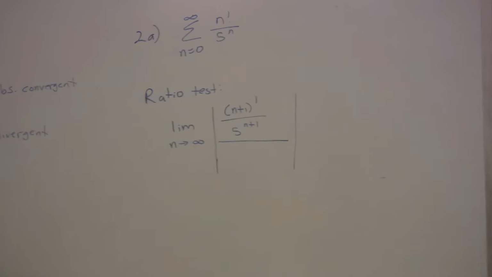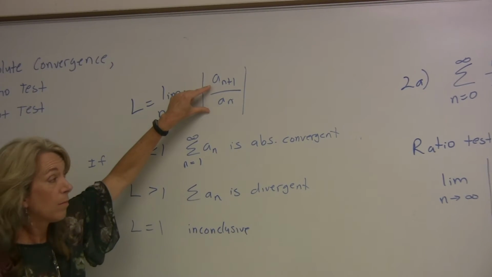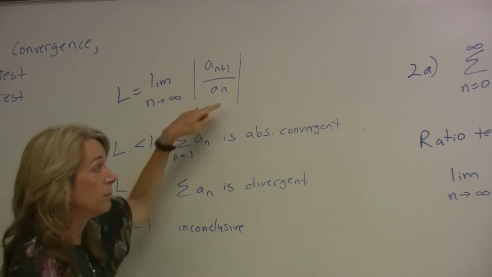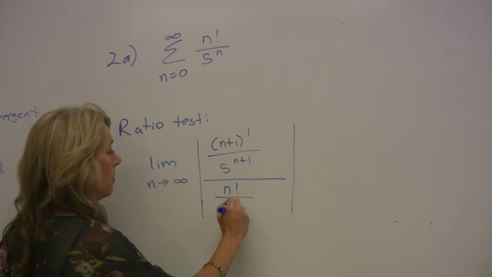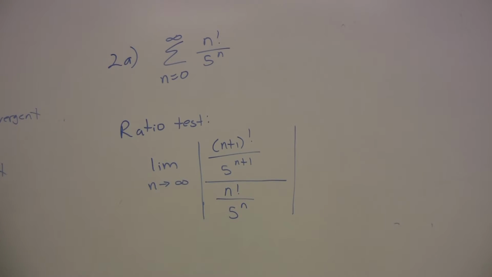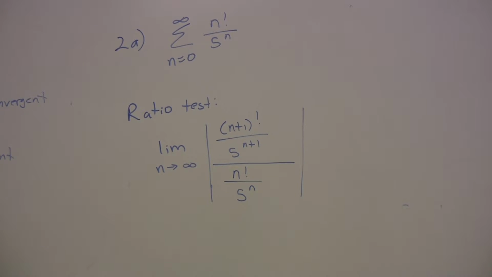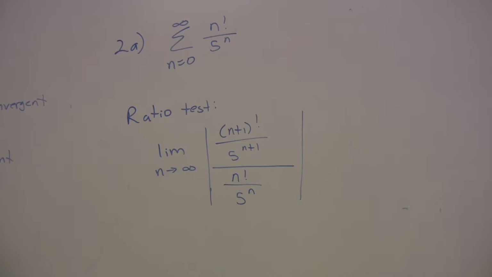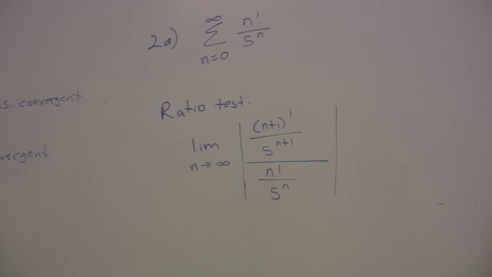You agree that's my n plus first term? Over the nth term. The nth term is the term they gave us. It will always start off messy, but it will get better. Okay with the notation, what I did?